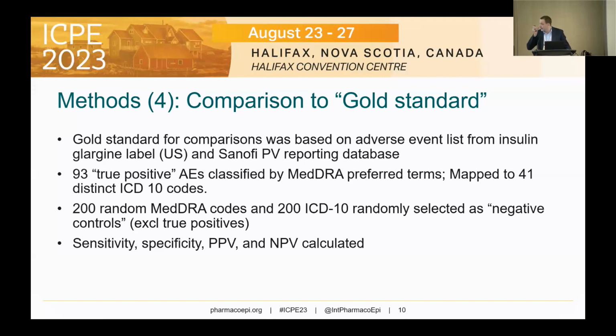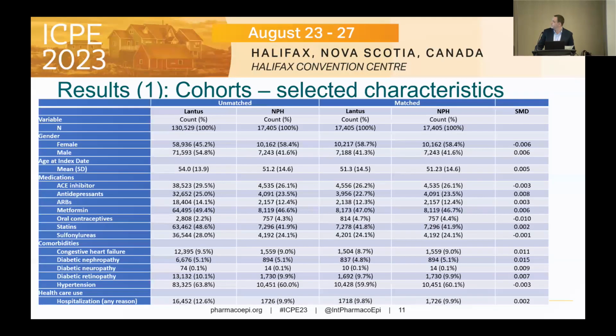All in, there were 93 true positive or gold standard adverse events that were mapped to 41 ICD-10 codes. For our negative controls, we randomly sampled 200 MedDRA codes and 200 ICD-10 codes, and then calculated our usual measures of accuracy. So what do we see?